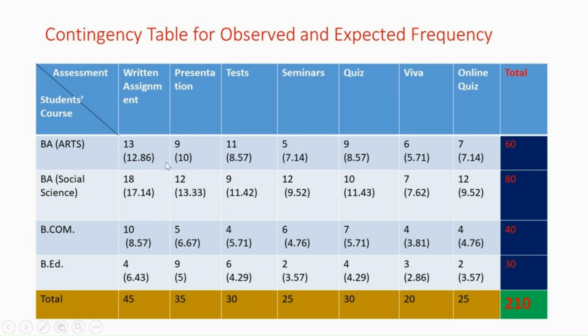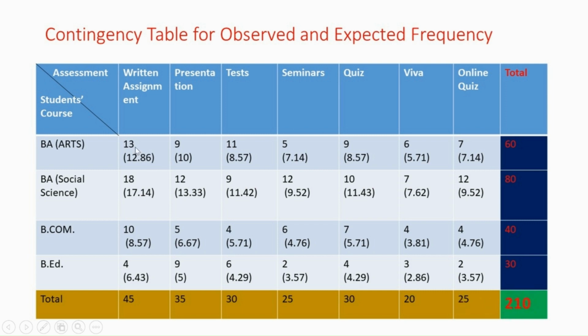To find the expected frequency for BA Arts students in the written assignment, that is in this cell, how do we find the expected frequency? For this we multiply the total frequency of the written assignment, that is here 45, and in this row the total frequency for BA Arts students, that is 60, and divide by the total frequency, that is 210.